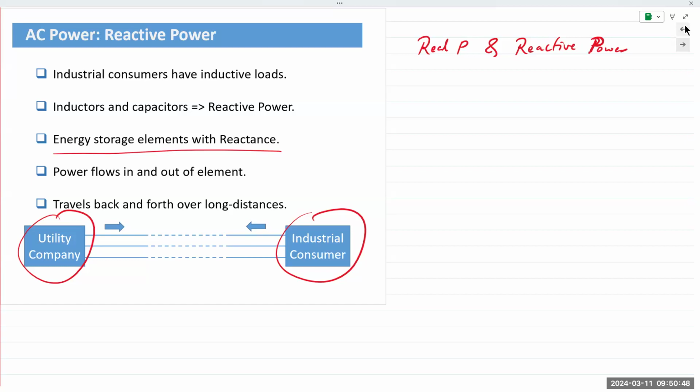So if you are an industrial customer and you receive the power once, when it sends it out, if you place a capacitor in front of your load, it's not technically exactly in front, but if you have a capacitor that intercepts that power that's going back to the utility, it now gets stored in that capacitor.